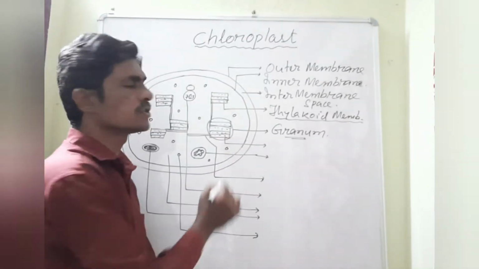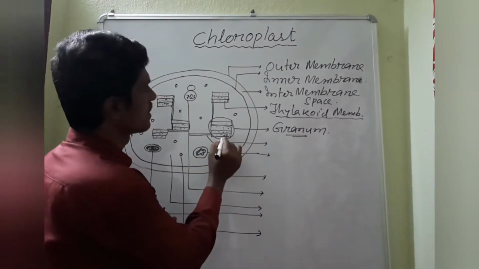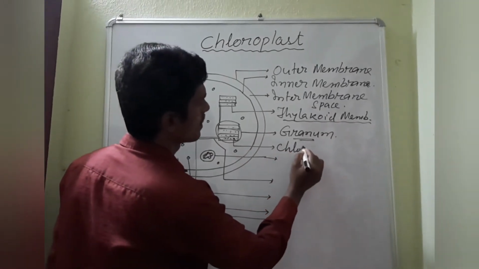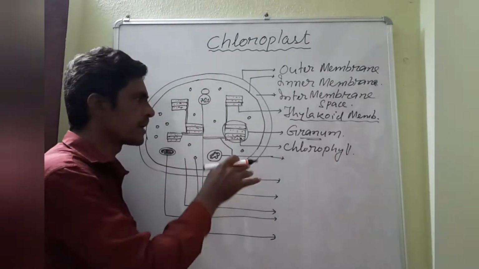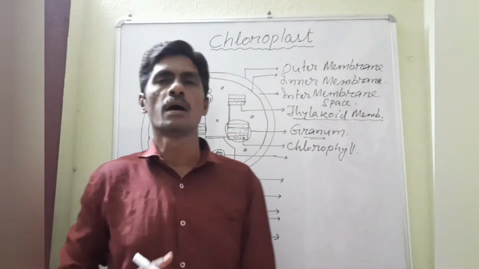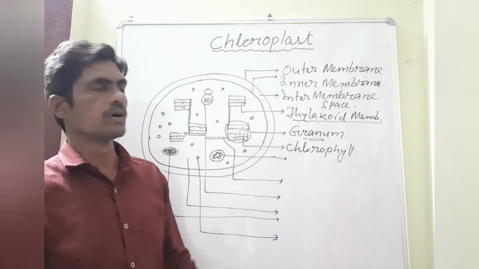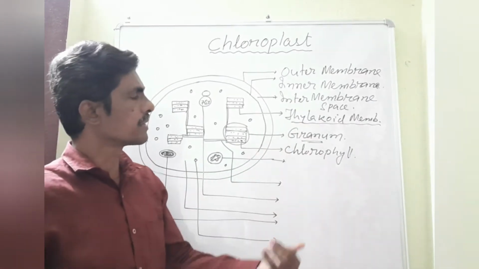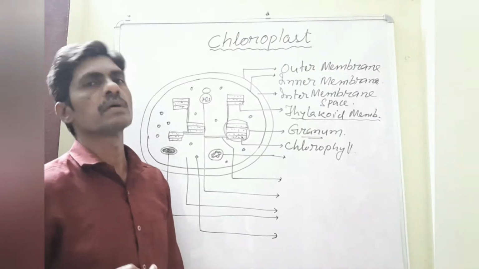The granum is special, green in color, due to the presence of green color pigments. This is called chlorophyll. Chlorophylls are present inside the thylakoid membrane, and they participate in the light reaction, that is called the photochemical reaction. So these chlorophylls are found in the thylakoid membrane, and grana is the main site for light reaction.